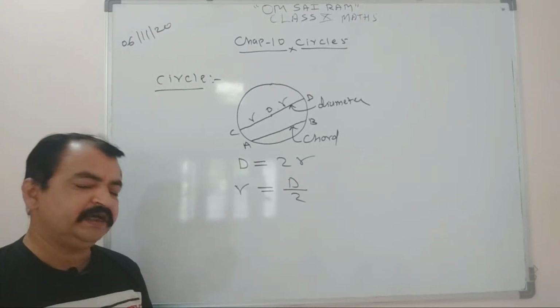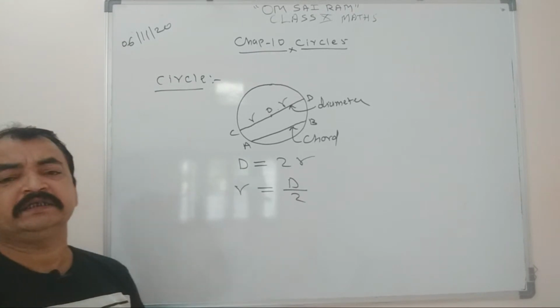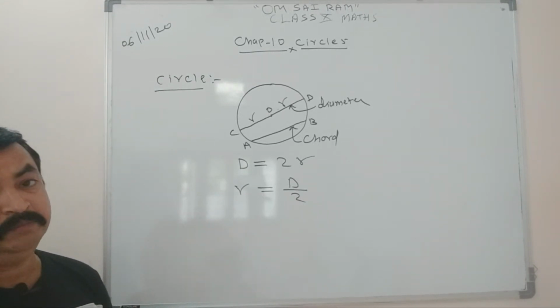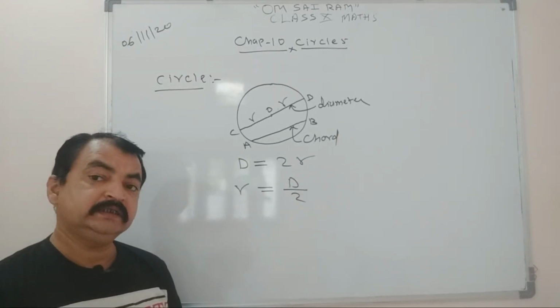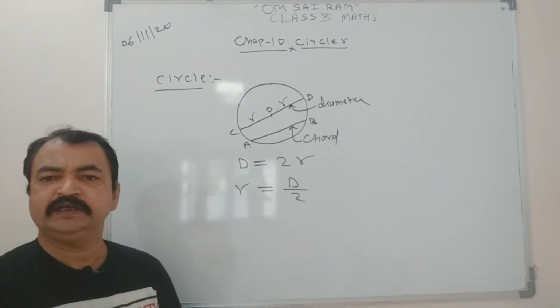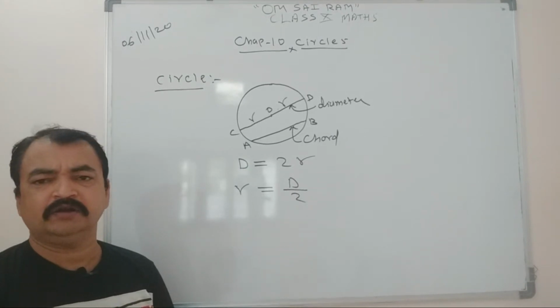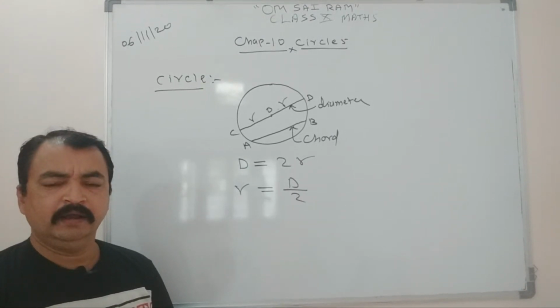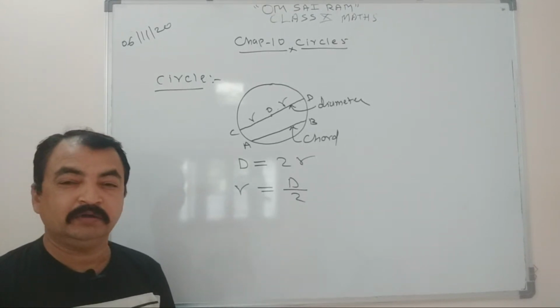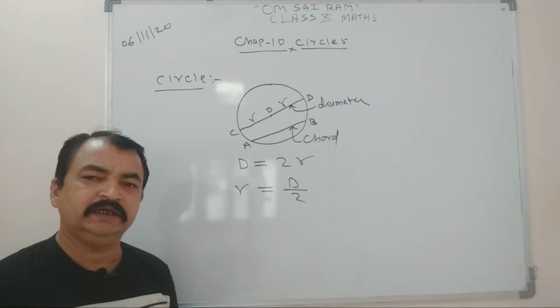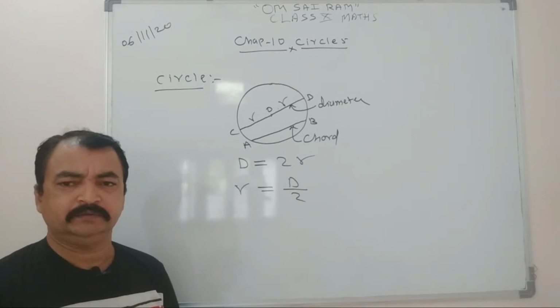So we can say any point is in the circle if the distance of that point from the center is smaller than the radius, then the point is interior of the circle. And if the distance of that particular point is equal to the radius, then we can say it is on the circle.